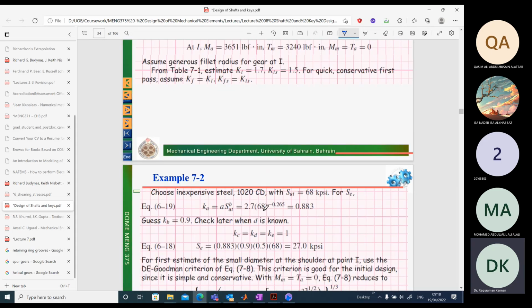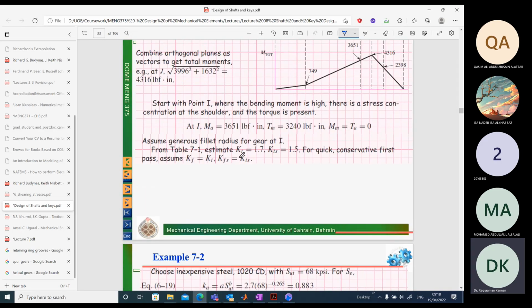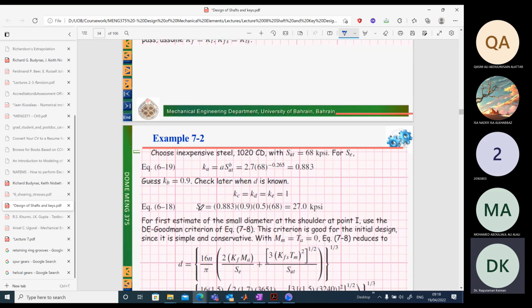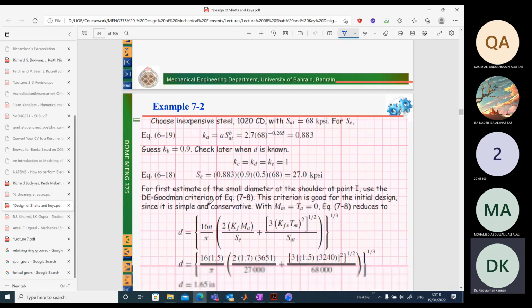Now we can apply one of the failure theories, any theory you want, Soderberg or any other theory. But before we go there, we have to estimate Se for the given material. For the design, you choose some inexpensive material, 1020 cold drawn steel, or you may choose 1040 steel, whichever you want to, and you provide the material properties, then you calculate all the six Marin factors and estimate what Se is.